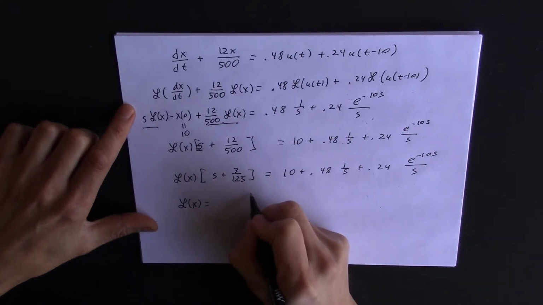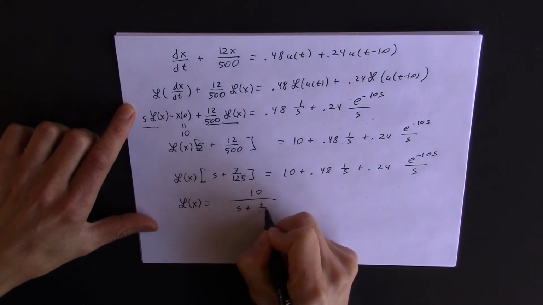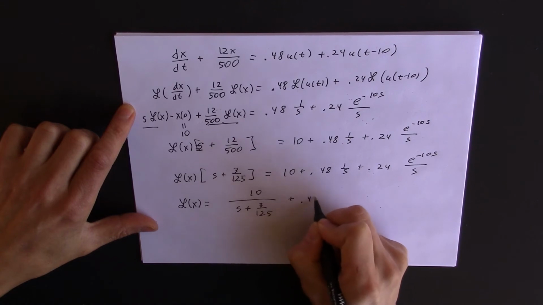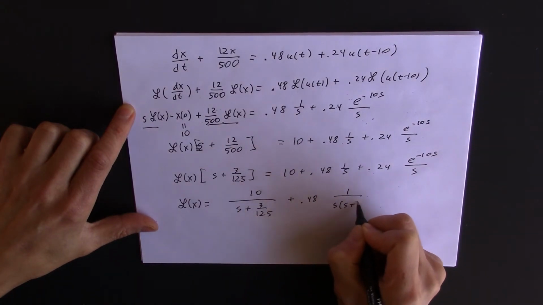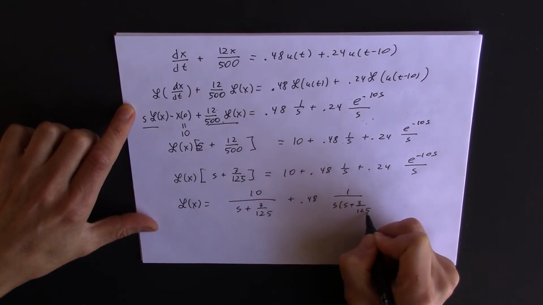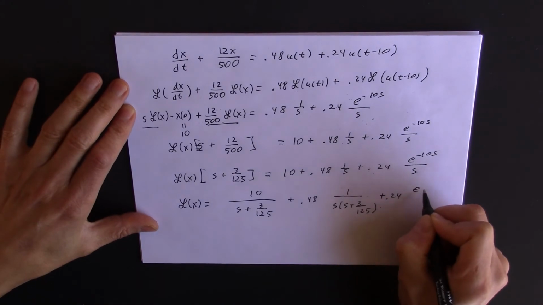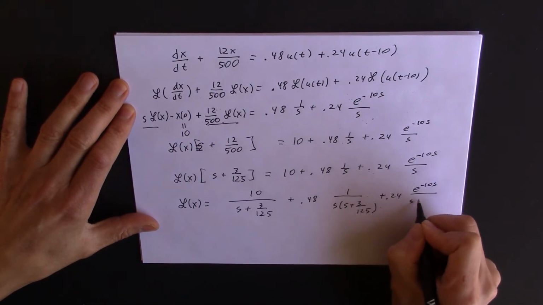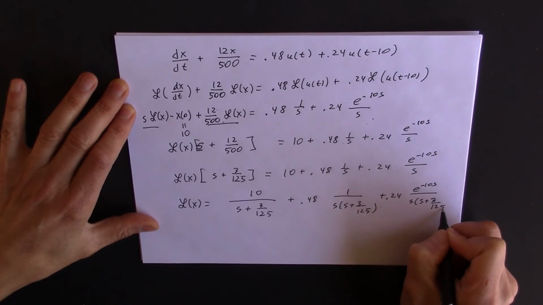So L of x equals 10 over (s + 3/125) plus 0.48 times 1 over (s + 3/125) plus 0.24 e^(-10s) over s times (s + 3/125).